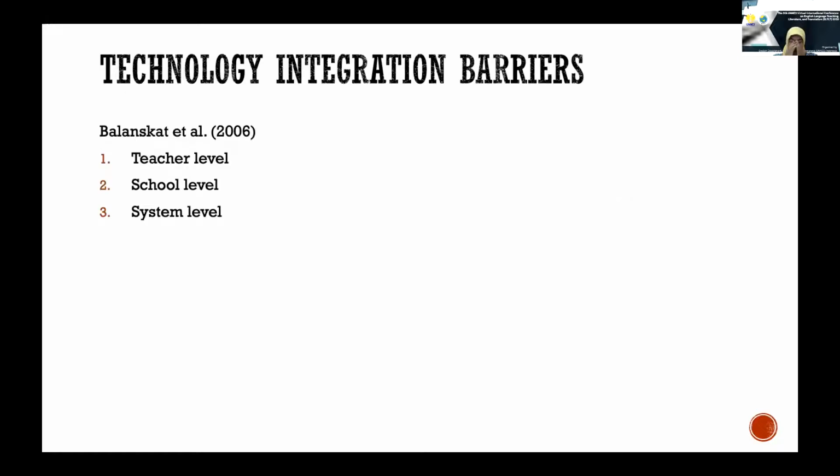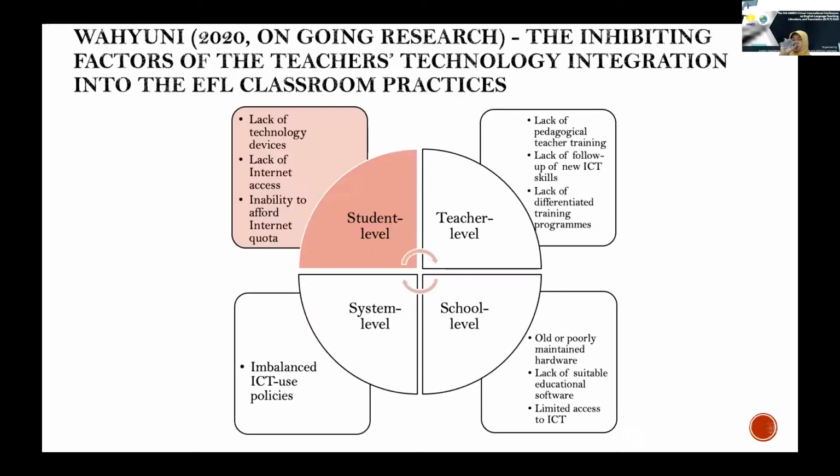The next one is about technology integration barriers. So to answer the first research question, I use the framework by Balanskat et al., 2006, that they propose in terms of technology integration barriers. There are three levels: teacher level, school level, and system level.